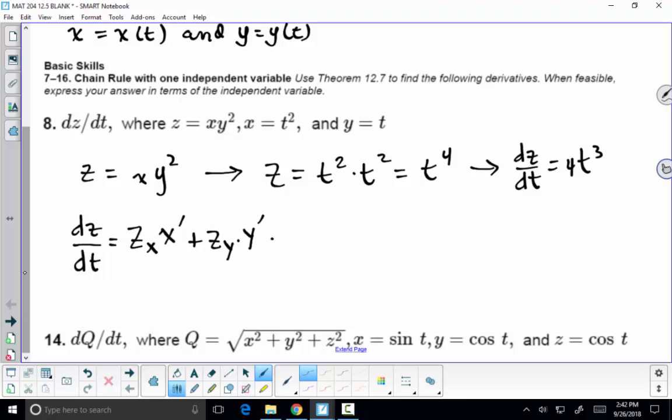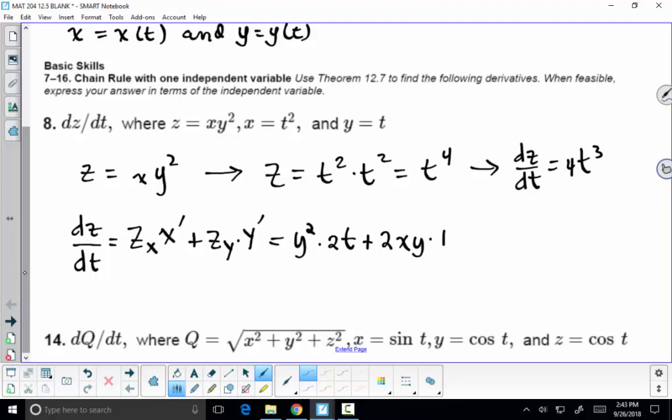So let's see if we get the same thing. z sub x is y squared times x prime, which is 2t, plus z sub y, which is 2xy, times y prime, which is just 1. So we're almost there. And then we do our substitution.